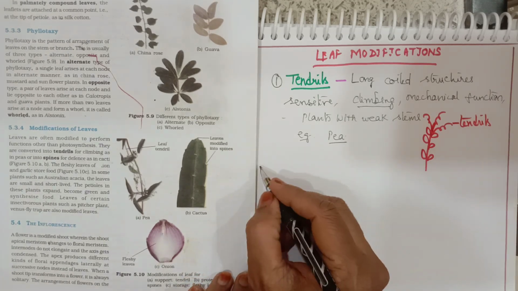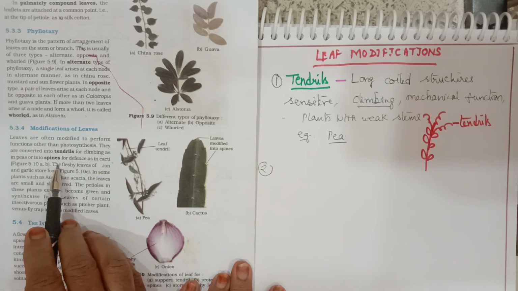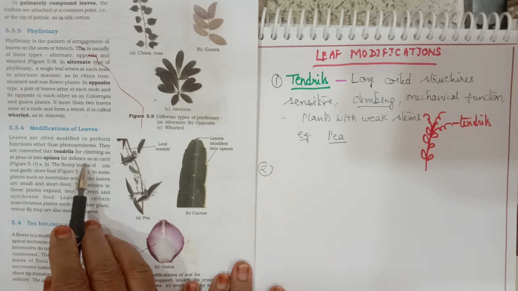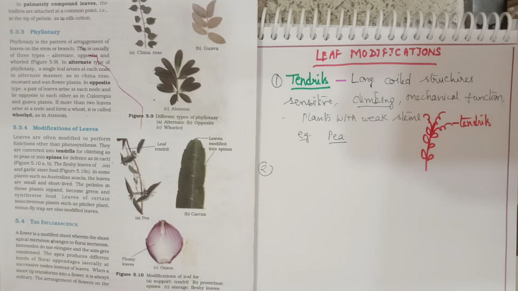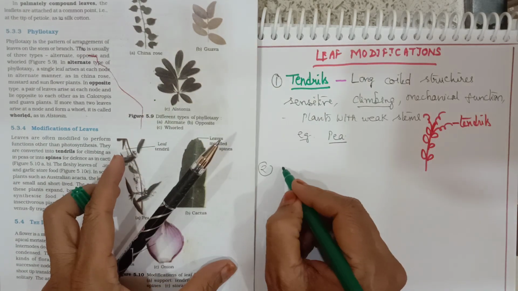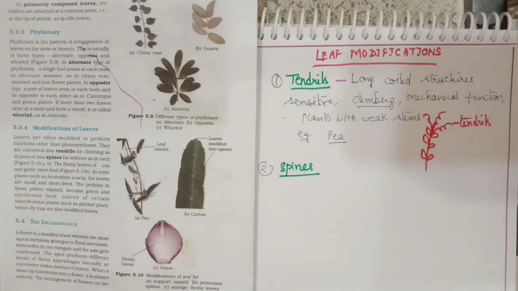Now the second one we can find here: spines for defense, as in cactus. Let us see what exactly we understand by spines. Spines are defensive structures. How do we define spines?